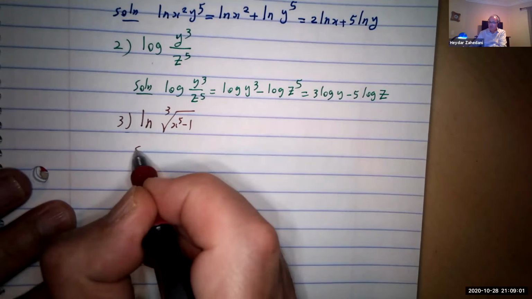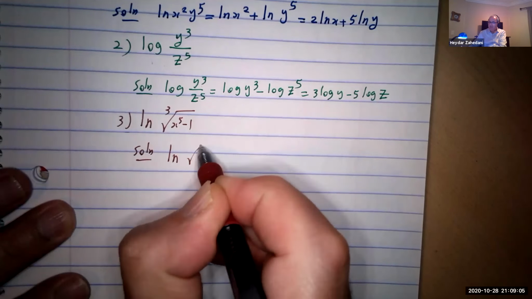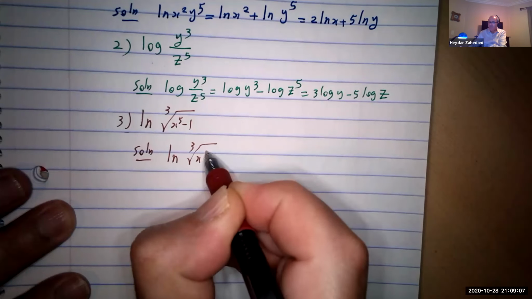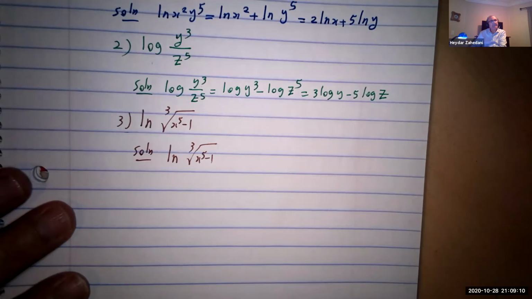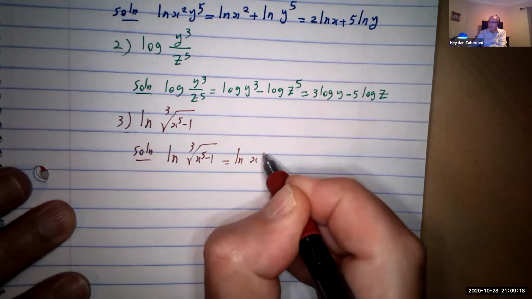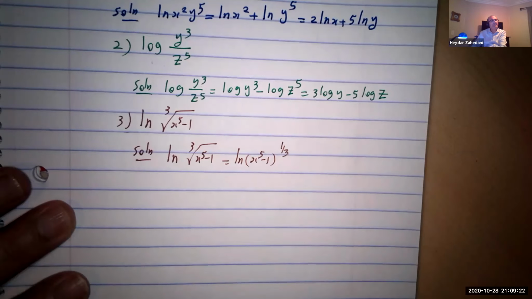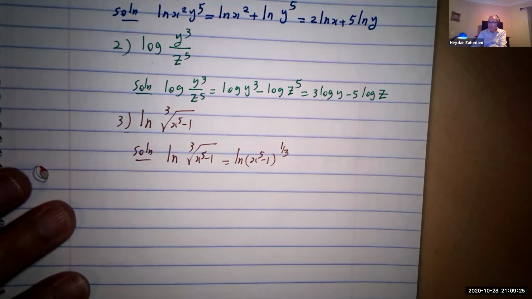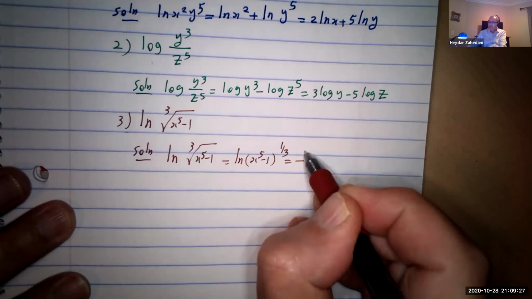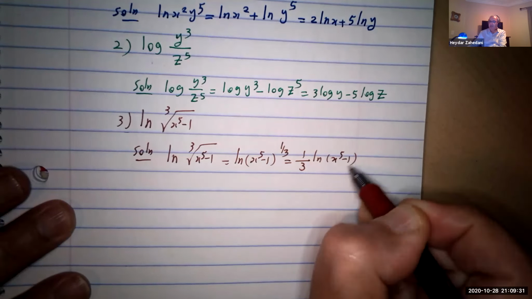So the solution is going to be, it's ln of cube root of x to the fifth minus 1. You rewrite it, you know that. It's going to be what? Ln of x to the fifth minus 1, everything to a third. But it's the power, you bring it down. 1/3 ln of x to the fifth minus 1.